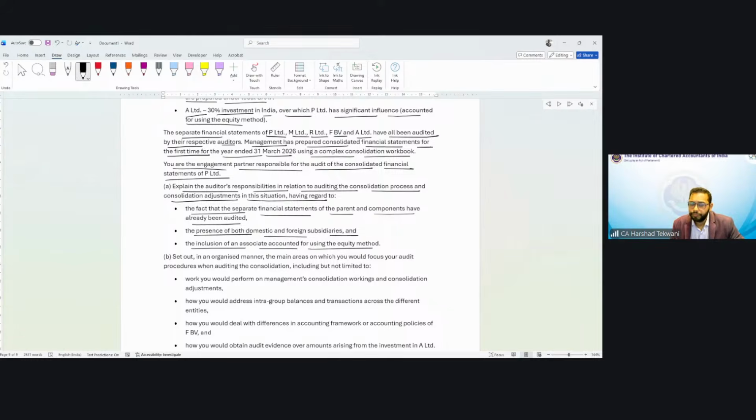Foreign subsidiary is preparing financial statements as per the local GAAP, and management is making conversions to align with the CFS GAAP. Then the auditor has to check the translation adjustments made by the management and report further accuracy.